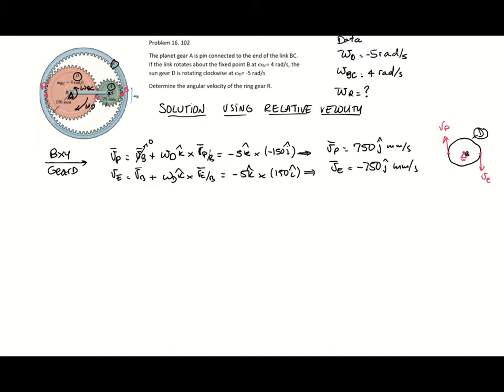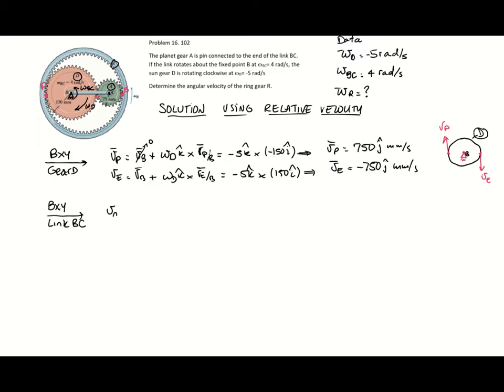Now we want to find the velocity of C to be able to do the analysis of gear A. So we will also fix a coordinate system at B, but now fixed to link BC.